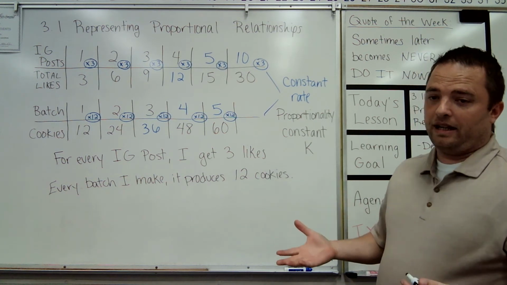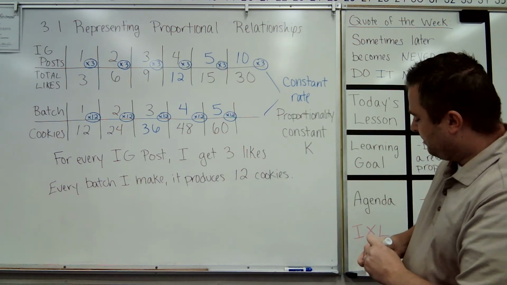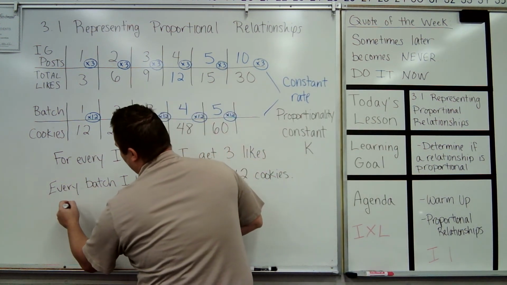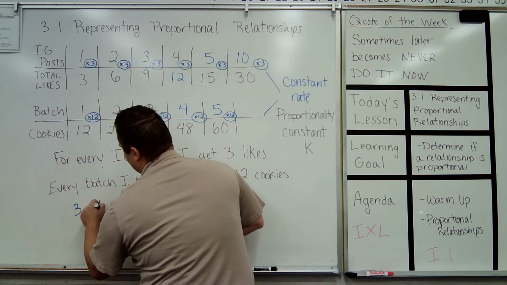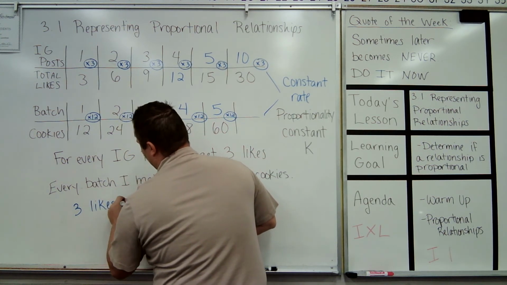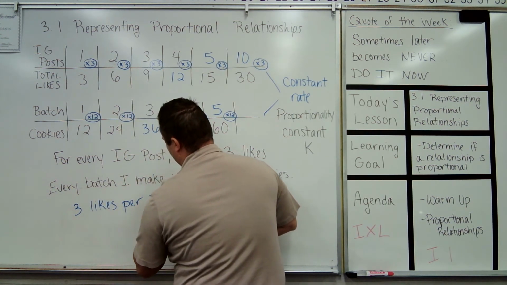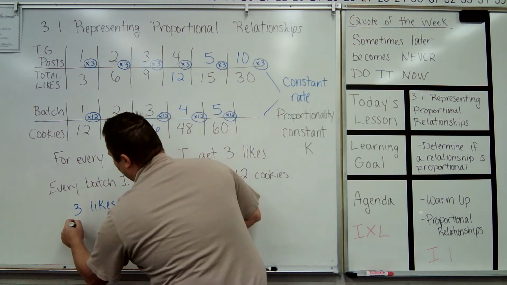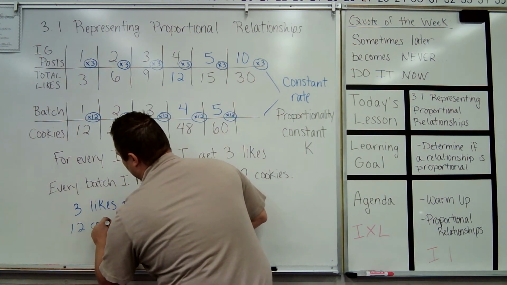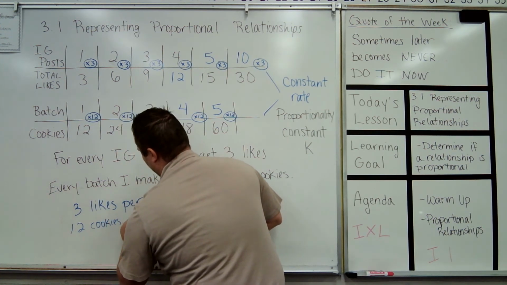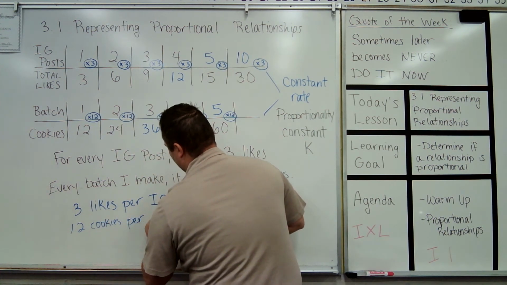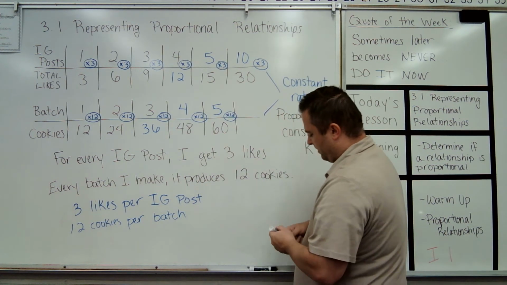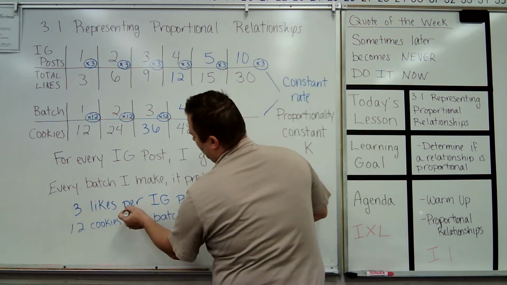So in mathematics, they might say something like 3 likes per IG post, or they'll say 12 cookies per batch. What's more important is this word per.